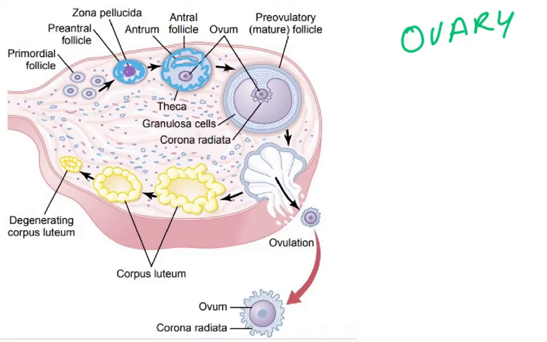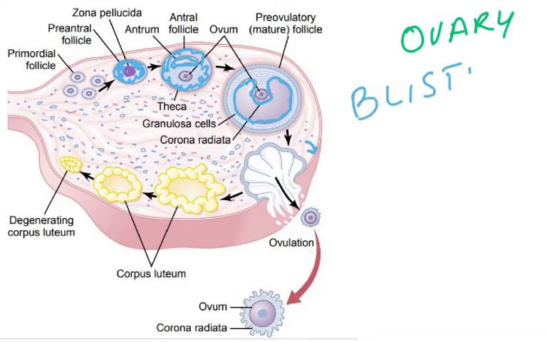And then of course this fluid-filled space becomes larger and larger, and it comes to lie on the surface of the ovary, and it forms a blister.